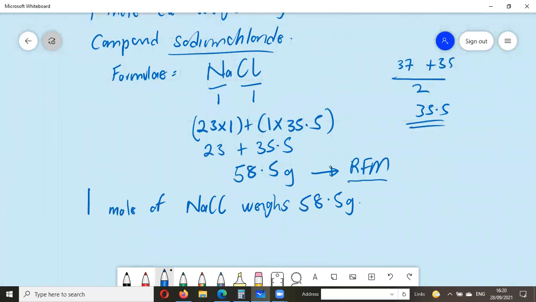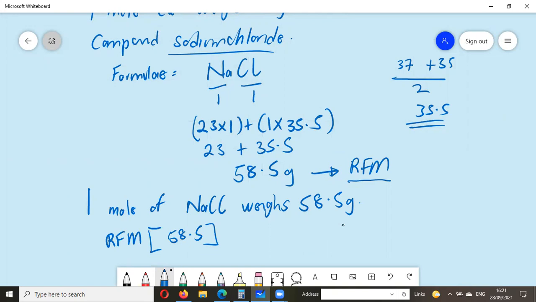But when we say relative formula mass, we shall not put a unit of grams because it is a ratio. That means the relative formula mass, it is a formula, it is a compound. It will be equal to what? 58.5 only. That means there are no units.